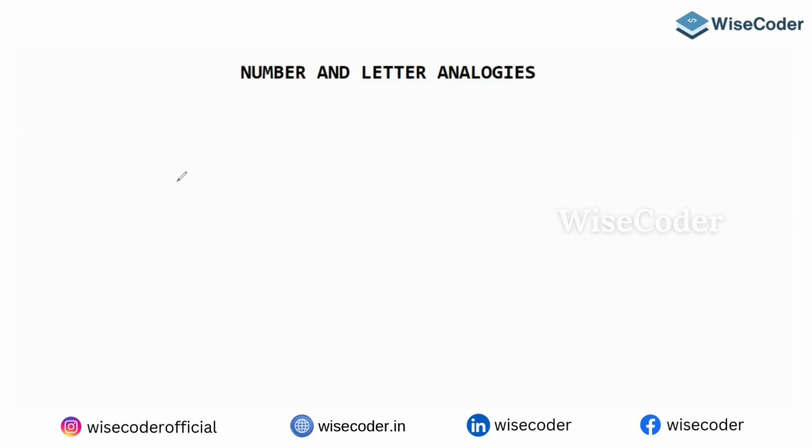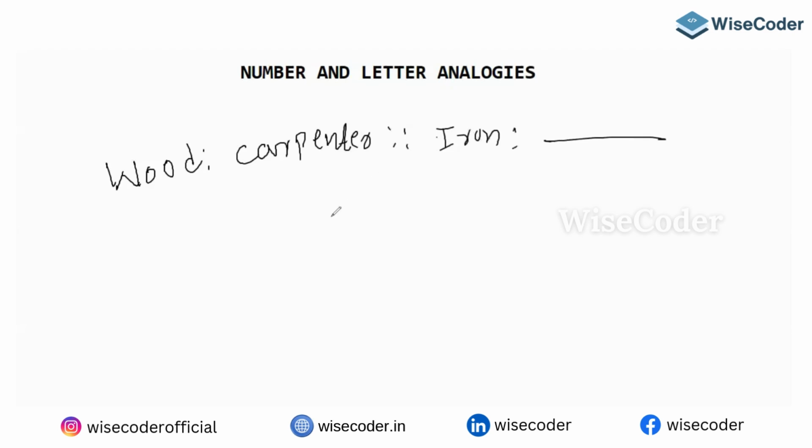Please, while solving it, make a note. Wood is carpenter, so iron is dash. Your options are goldsmith, instrument, melting, blacksmith, metal.